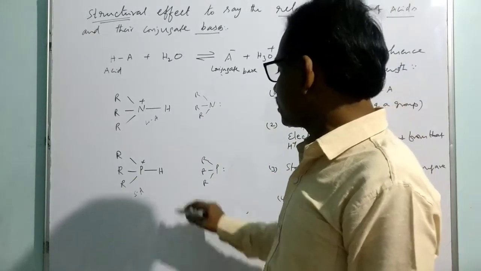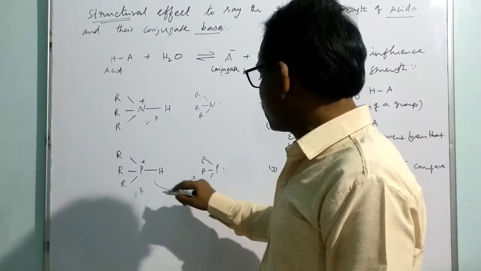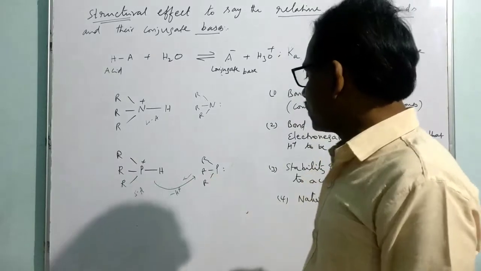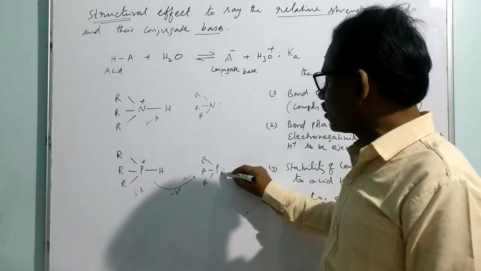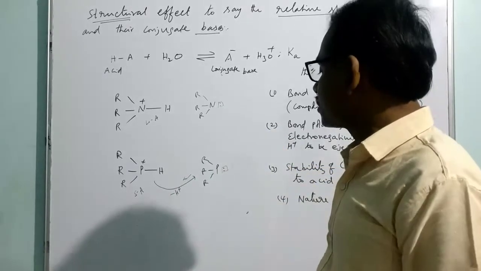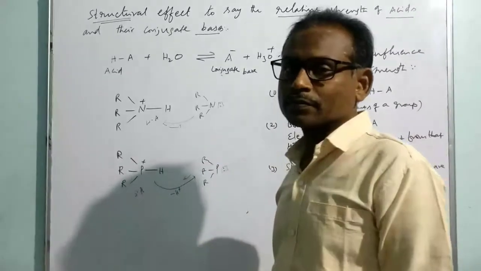So in this case, I want to say this is more preferred to eject the proton like this. Otherwise, the phosphorus is big in size, and the electron density is less compared to here. So that factor also says that it is more preferred to get back compared to going like this.